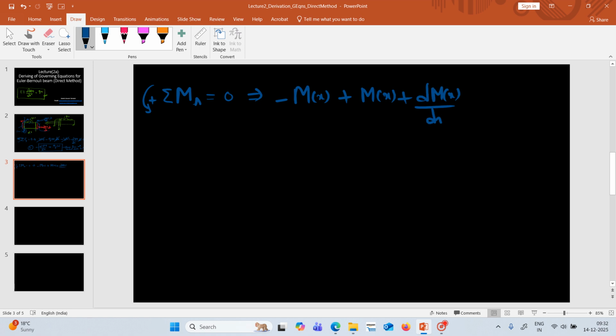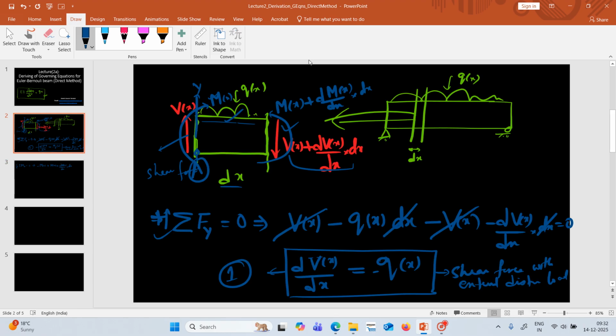Also some forces would give a moment. This shear force is passing through the same point, so there would be no moment because the distance is 0. The q(x) is distributed, so it should be made an equivalent concentrated load, q(x) into dx, acting at the center.